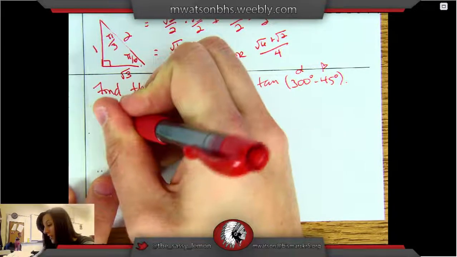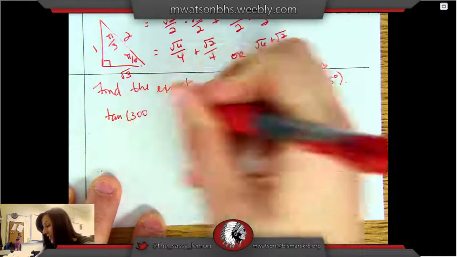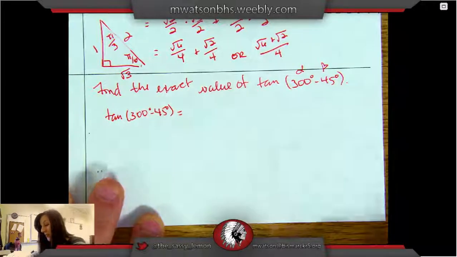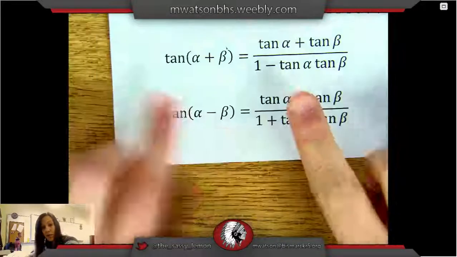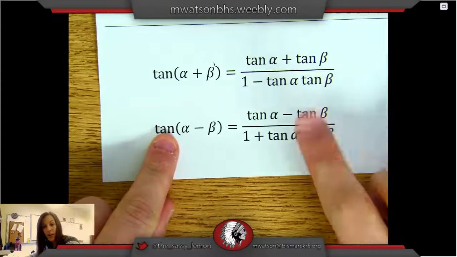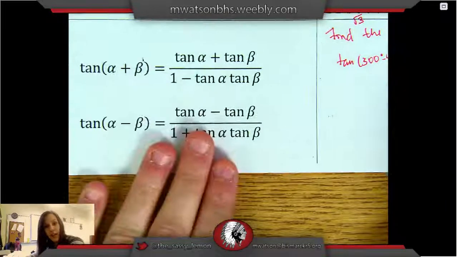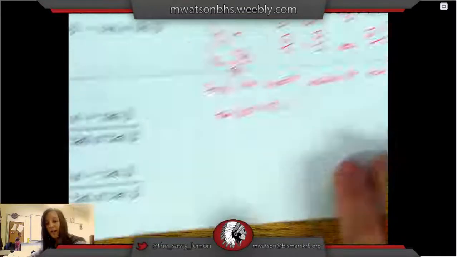So tangent of 300 degrees minus 45 degrees equals, so we're going to use the sum or the difference. Hopefully you all are going difference. And if you want, pause this video and try to work ahead of me. See if you can do it.